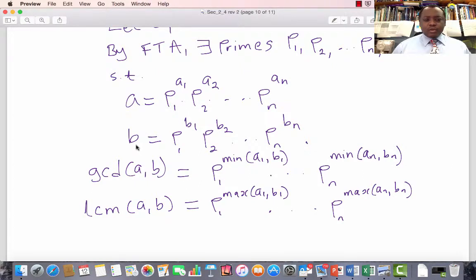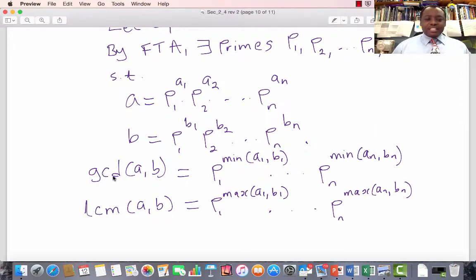And b can also be written as p1 raised to the power b1 times p2 raised to the power b2 times pn raised to the power bn.